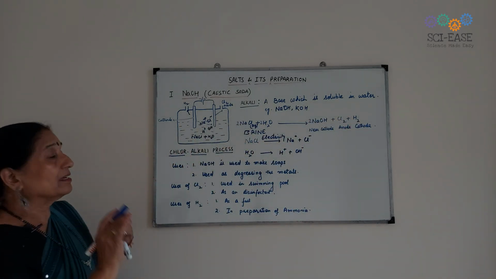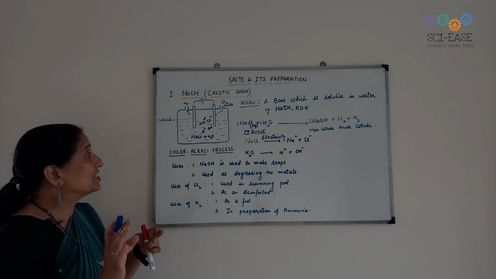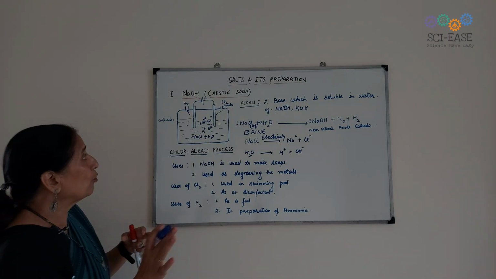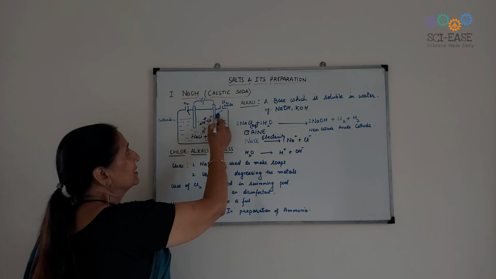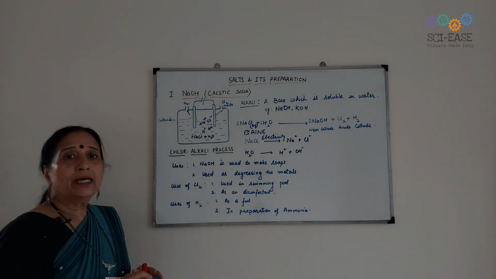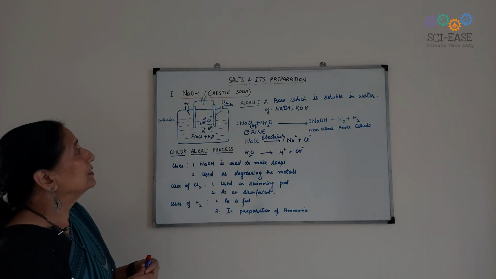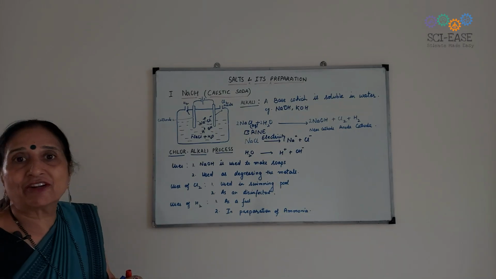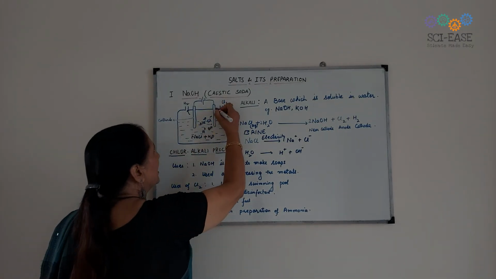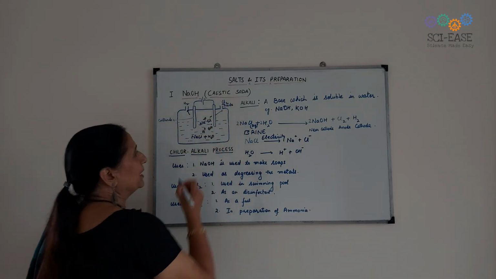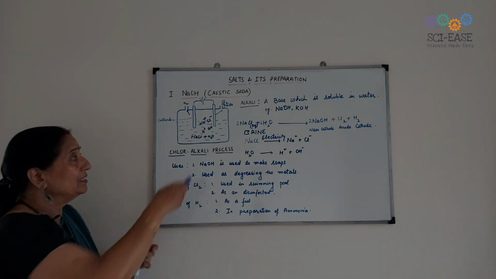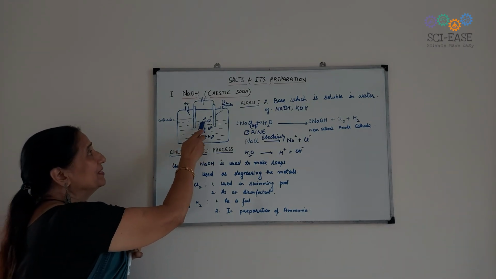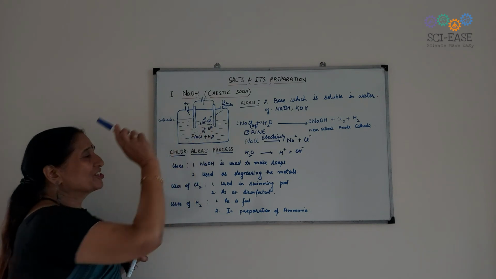In the same way, there are Cl negative and OH negative ions. Here Cl ions, being lighter, will go towards the anode, and chlorine gas will be liberated. What is left here is Na positive and OH negative.